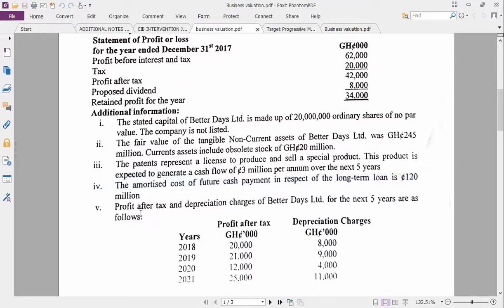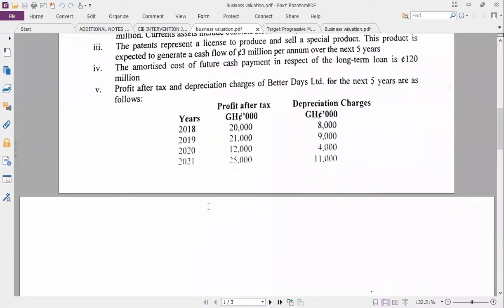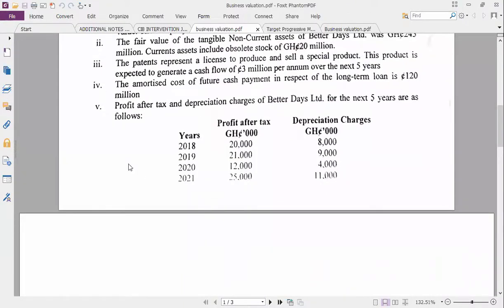Then come here. The profit after tax and depreciation charges of Better Days Limited for the next 5 years are expected as follows. This one we use to prepare the discounted cash flow. We said with the discounted cash flow technique, we want cash flow, not profit.